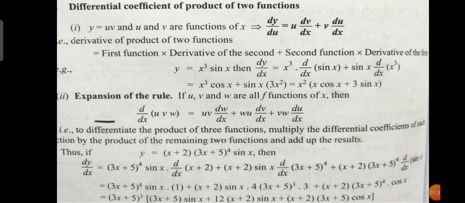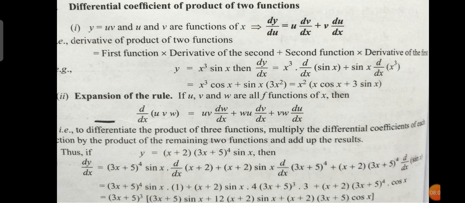That is the rule. I have to multiply the differential coefficient of each function by the product of the remaining two functions and add up the results. Another example, three functions: (x + 2), (3x + 5) the whole raised to 4, and sin x. Three functions have been given. So the first two functions into the derivative of the last one, plus like that.